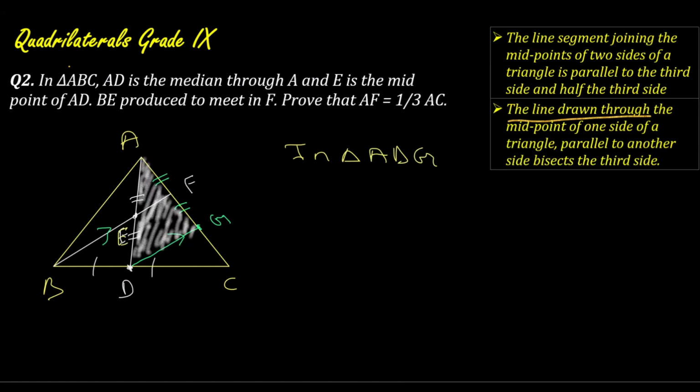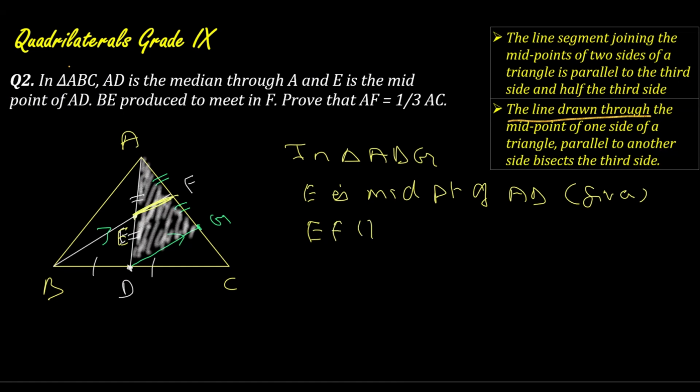This is point E. E is given as the midpoint of AD, and this is given. And this line EF, as you can see, is drawn parallel to DG. That's from construction.